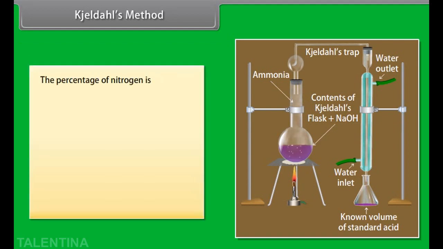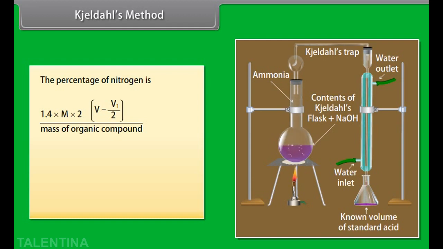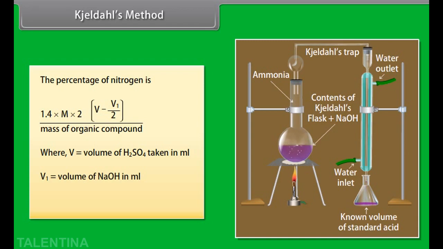The percentage of nitrogen is 1.4 into m into 2 times the difference between V and V1 by 2, divided by mass of organic compound, where V is equal to volume of H2SO4 taken in milliliters, V1 is equal to volume of NaOH in milliliters, m is equal to molarity of H2SO4.